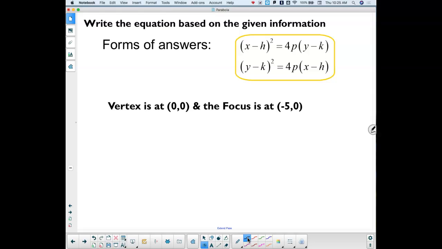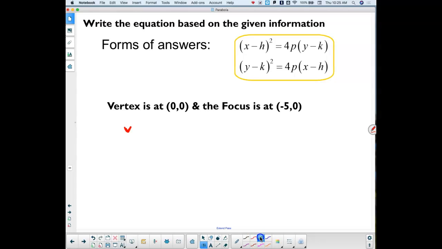Me too. So, what I do, just because I've done this more than you have, is I just draw myself a quick little sketch of what's going on. So we have the vertex here at the origin. We have the focus here to the left of the vertex.